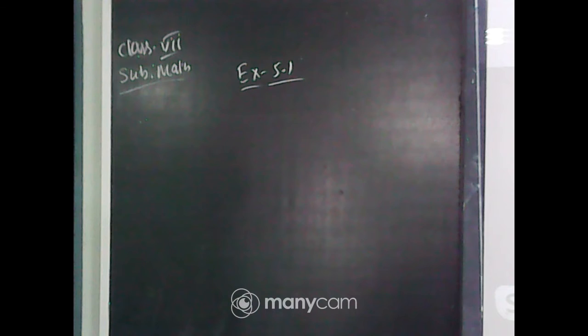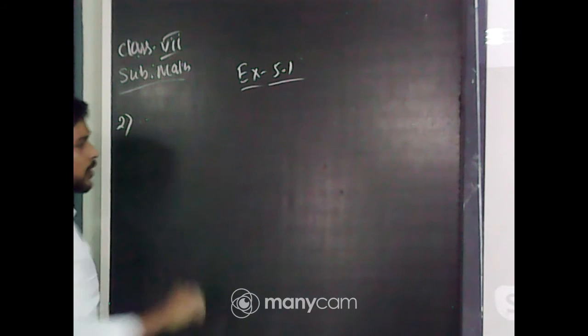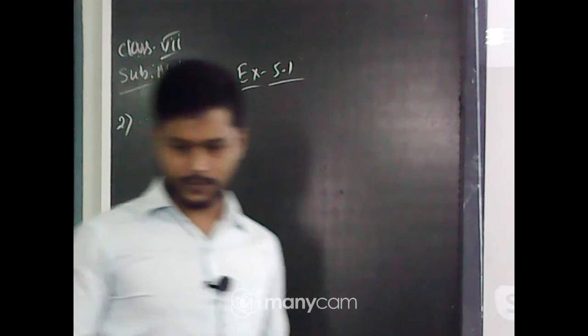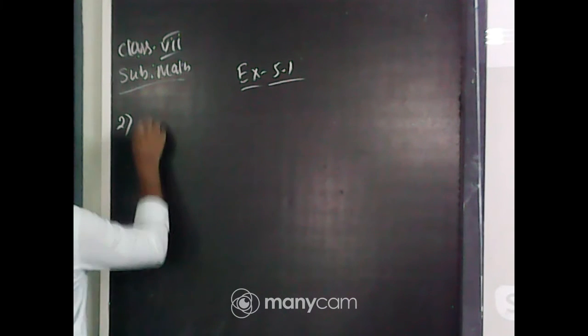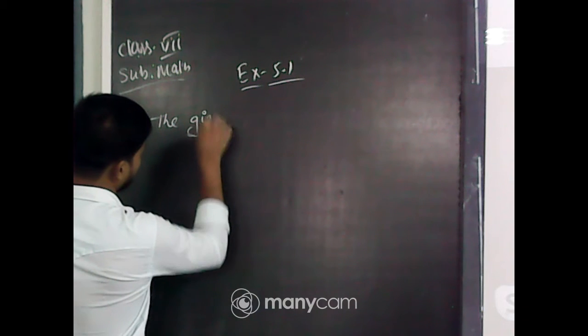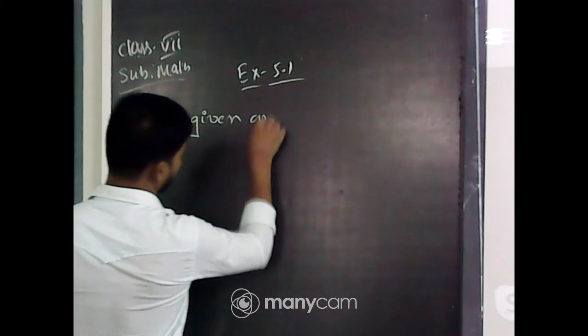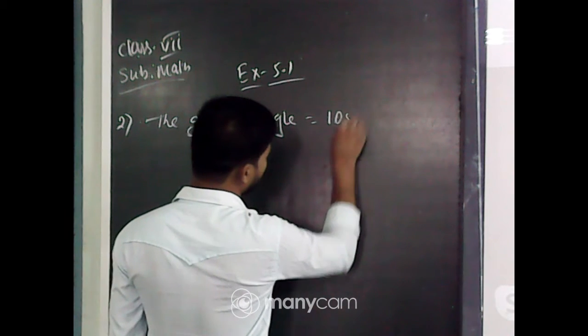Now let's move to the next question. Question number 2. Find the supplementary angle of the following angles. We have to find the supplementary angles of a given angle. The first angle is given as 105 degrees.